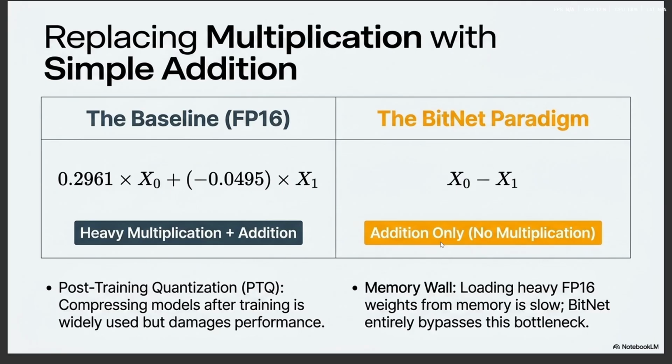So instead of doing expensive multiplication, the model can often use simple addition or subtraction. For example, instead of calculating decimal multiplications, the operation can become something like x0 minus x1. This is much simpler for hardware to compute. So the main benefit is that BitNet reduces heavy floating point multiplication and replaces it with lightweight integer operations.